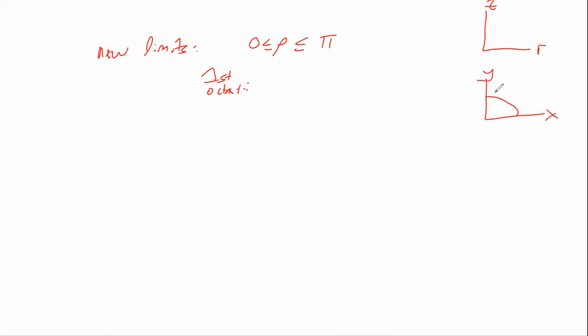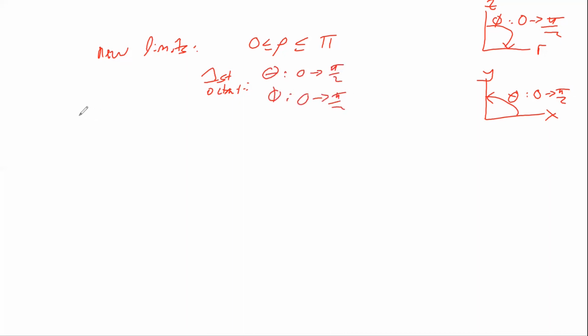And in order to get that first octant, we need theta to range from 0 to pi over 2, and we need phi to range from 0 to pi over 2. So these two ranges give us that first octant.